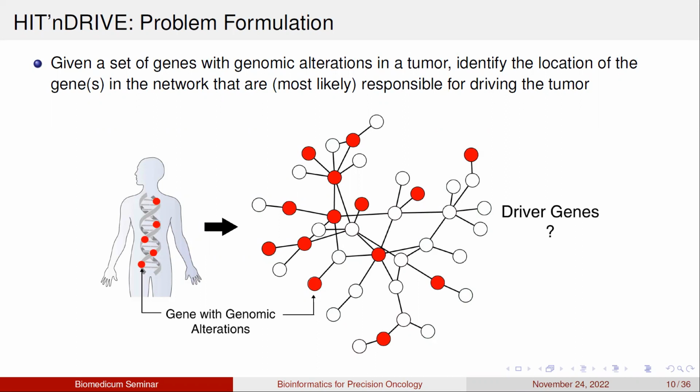So this is a protein-protein interaction network where we are trying to visualize the interaction between one protein and another. The red circles represent all the mutations or structural aberrations that we observe in cancer patients. Now we are interested in identifying the location of these driver genes within the context of this interaction network.